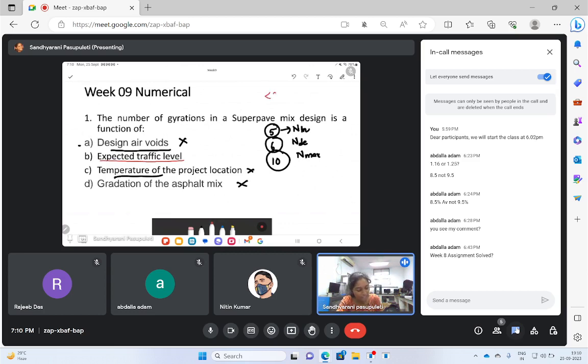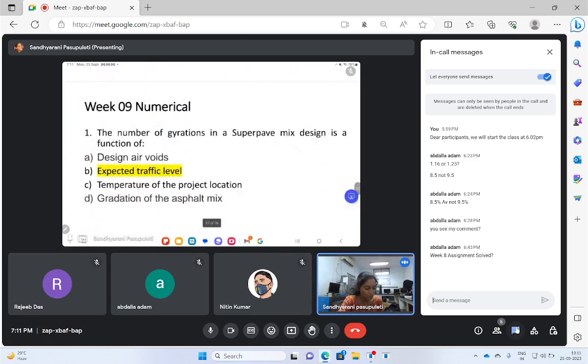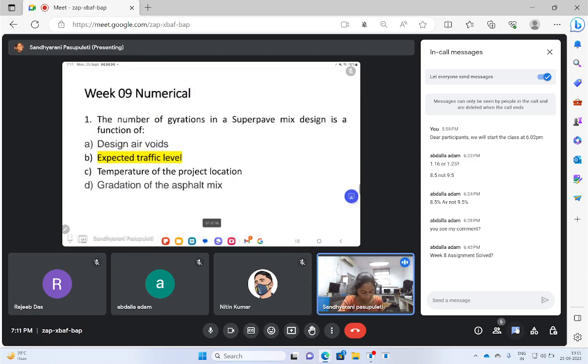If the traffic is less than 30 MSA, we have the number of gyrations corresponding to N initial, N design and N maximum. And if the traffic is more than 30 MSA, we have another criteria. So the answer is B. The number of gyrations in the Superpave mix design is based upon expected traffic level.